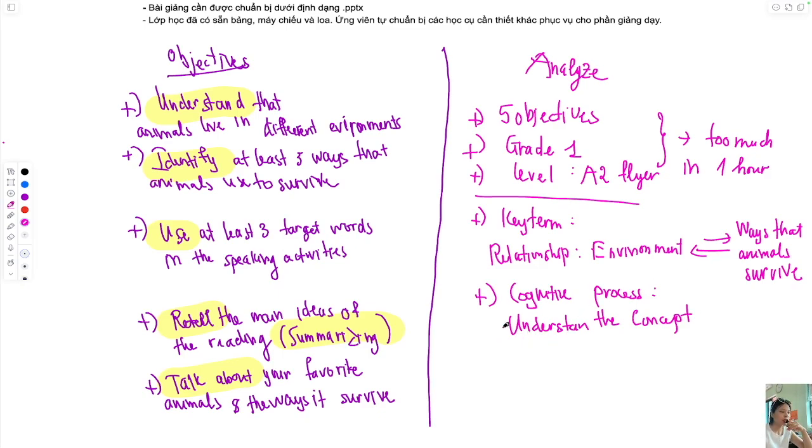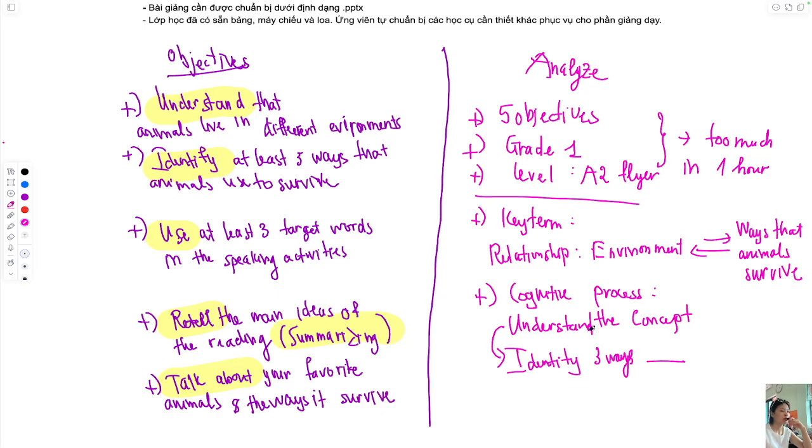And when they can understand, the next objective will be identify. It seems that they are giving me the objectives in the correct order. Identify three ways that animals survive.